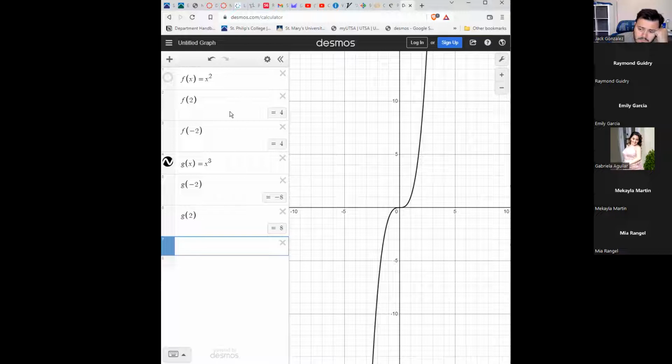Is even clear? Just reminding you from college algebra. Let me know if you have any questions about even or odd.